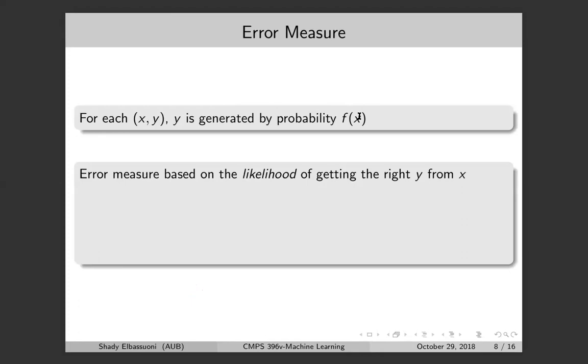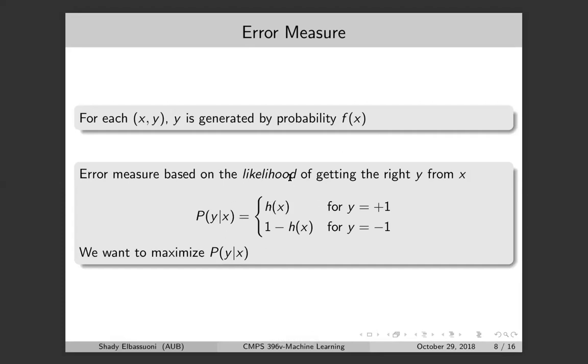So we're going to measure an error based on the likelihood of getting the right y from x. We have the x, we have the y's. Now we want to see, given a particular weight, what is the likelihood of getting the right labels from x.